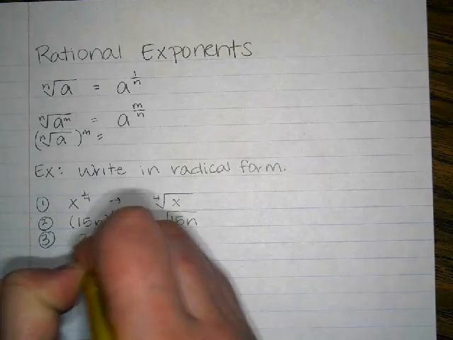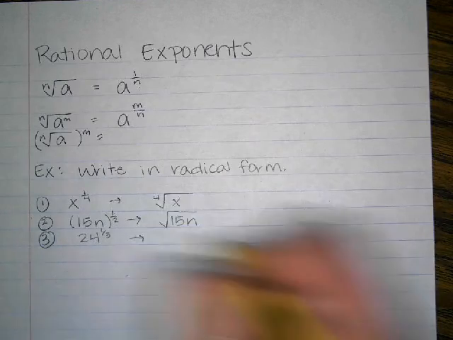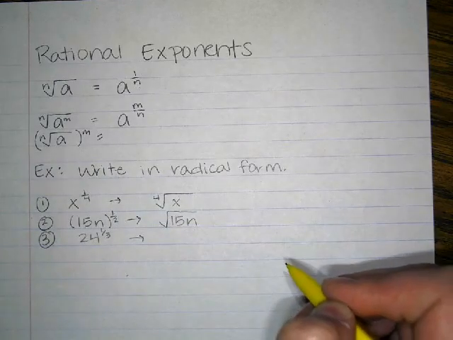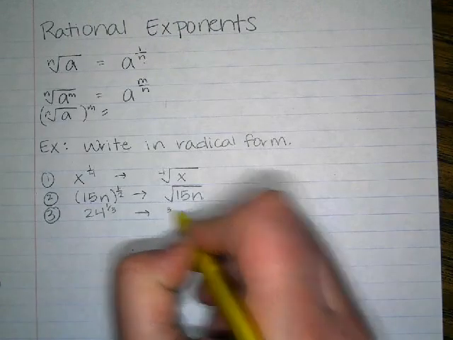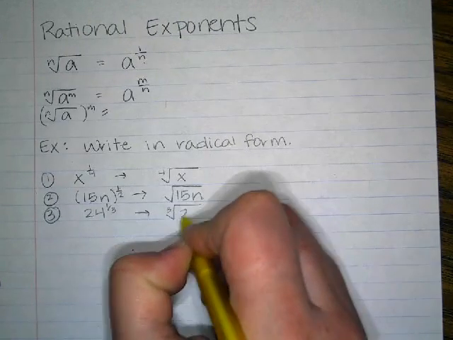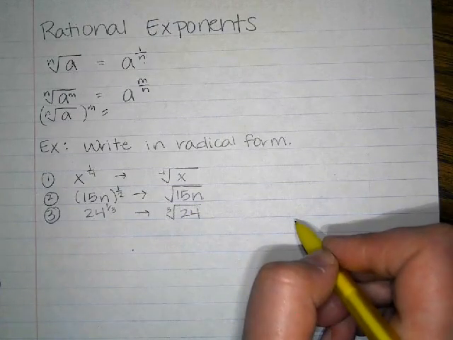If we had 24 to the 1/3, what should we write? Okay, so this is going to be a 3rd root of 24. And can this one be simplified? Yes.